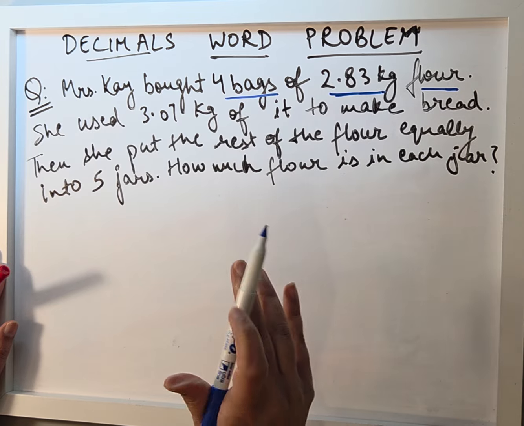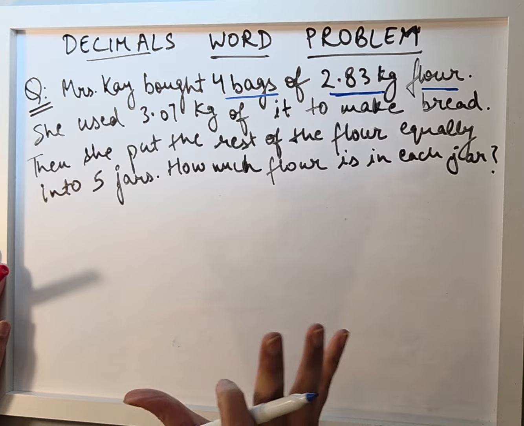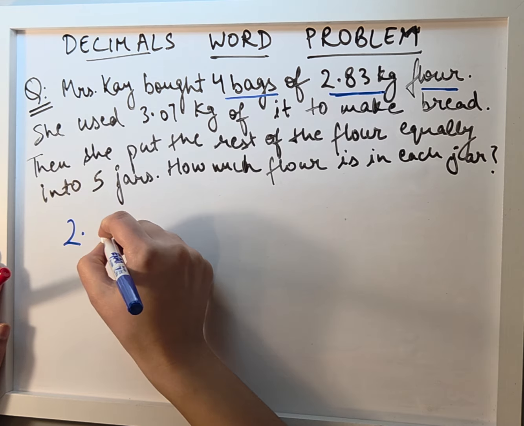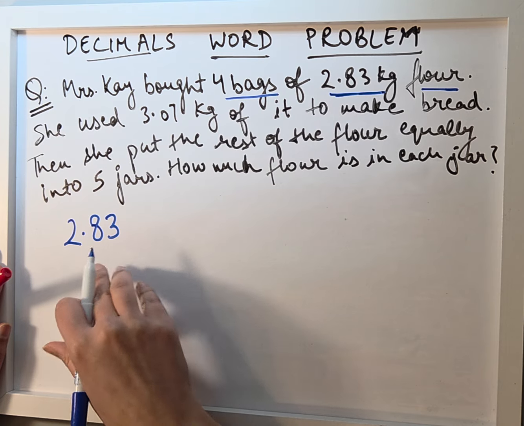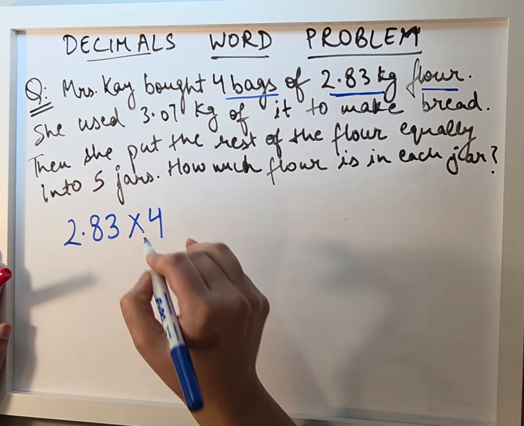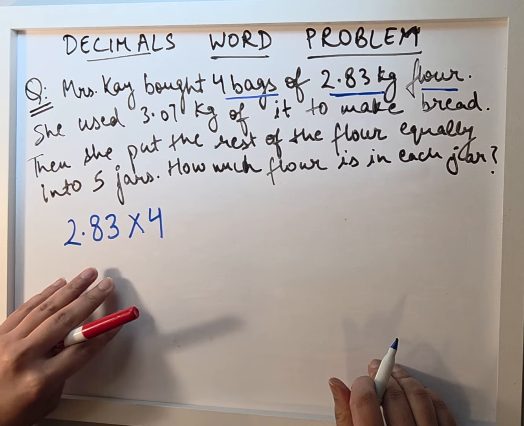Okay. So if we have to find what is the total amount of flour she has, how can we do it? So she has 2.83 kgs of flour, and how many bags she has? 4. Okay. So this will be the total flour that she has.